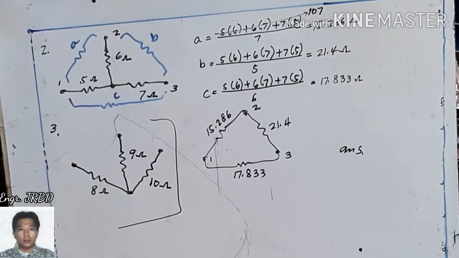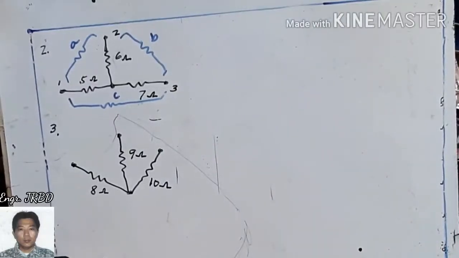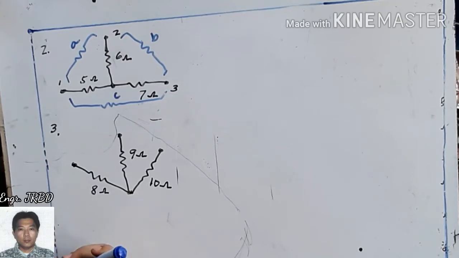Okay, next, let's have number 3. Let us convert your 8, 9, and 10 that are in Y into equivalent delta.